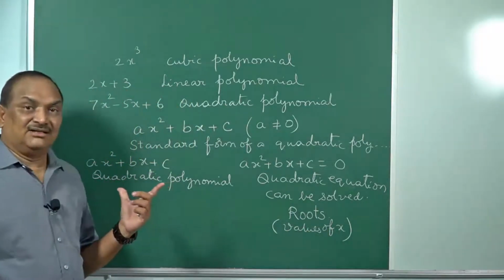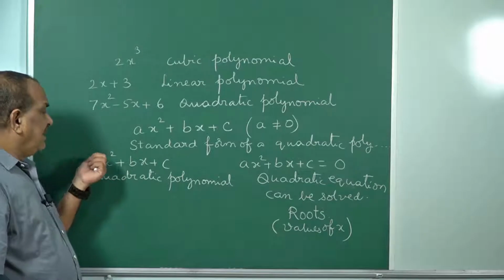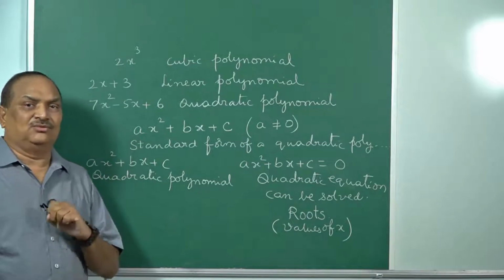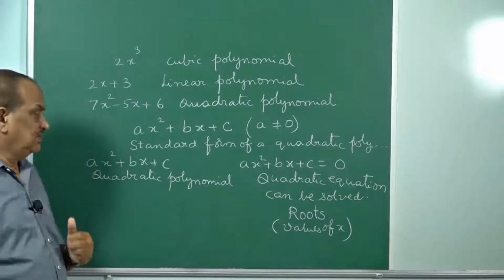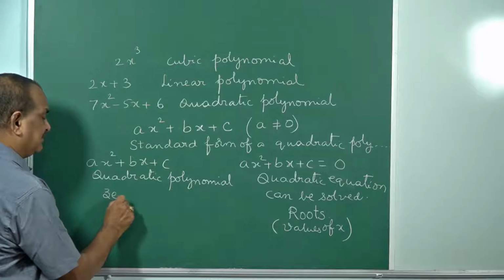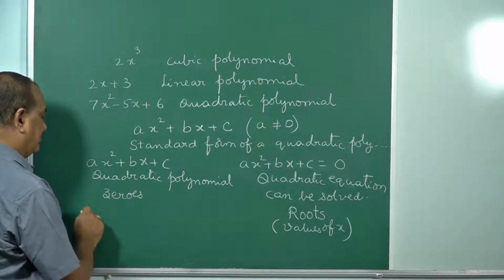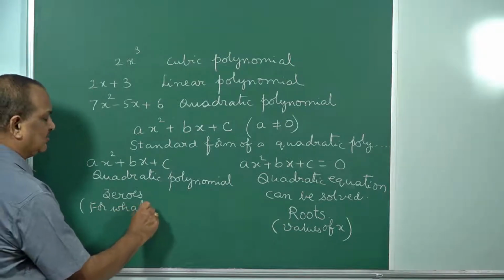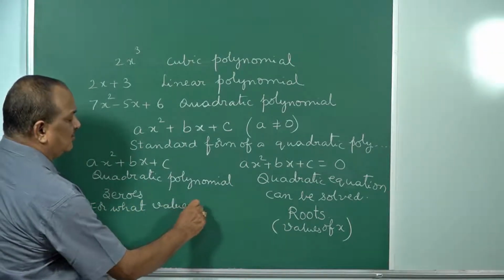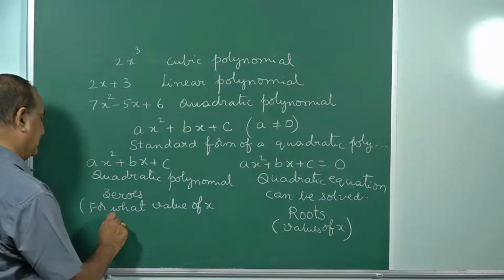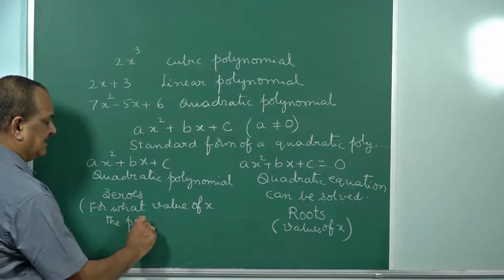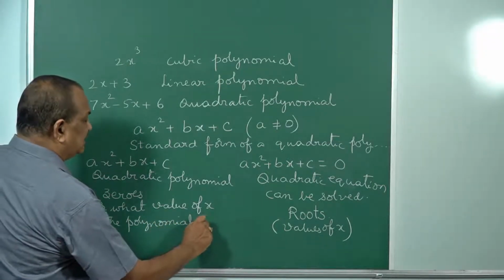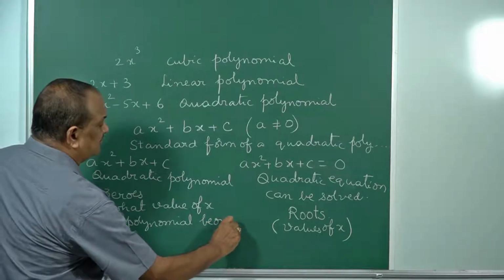Whereas here, what value of x makes this polynomial 0? That's what we can find out. So we have zeros of the polynomial. Zeros means for what value of x the polynomial becomes 0.